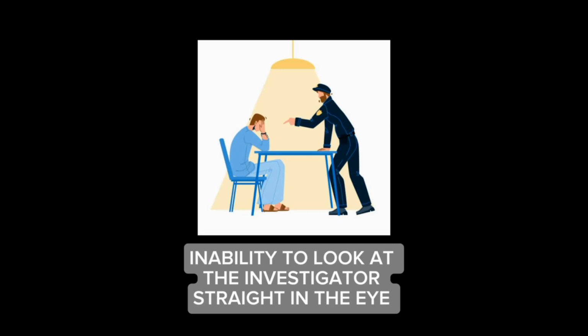Pero kapag relevant question na yung tinanong sa kanya, hindi na siya makatingin ng straight sa investigator. Like, yung pagka tinanong sa kanya na, ikaw ba yung pumatay? Ganon. Sasagot siya, pero hindi siya nakatingin ng diretso sa investigator. Meaning, yung subject is nagsisinungaling.